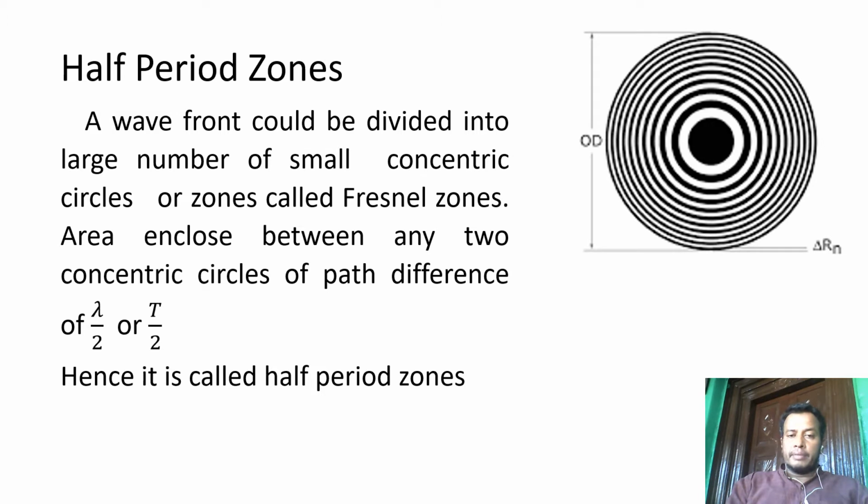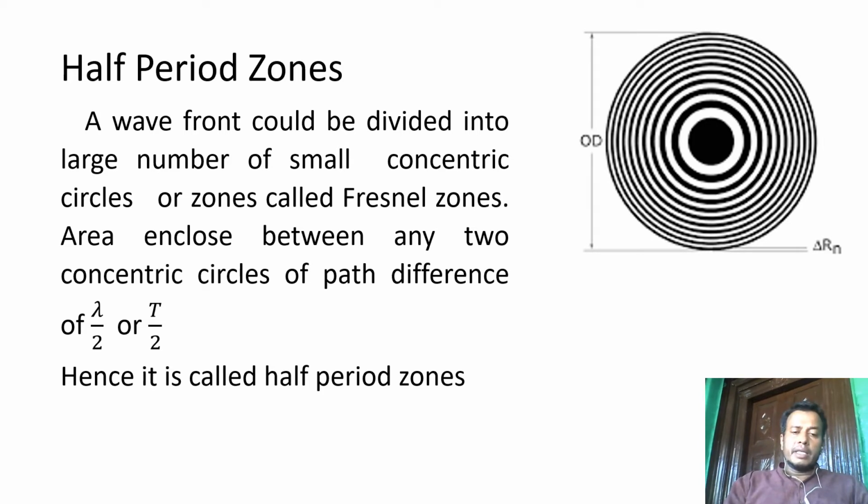The area enclosed between any two concentric circles has a path difference of lambda by 2, or T by 2, where lambda is the wavelength of the incident light. Hence, due to this half period, the name is half period zones.